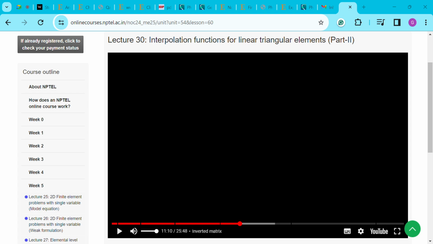So he's saying F1 is equal to F2 is equal to F3 is equal to fa by 3, f times area by 3. And if it is 4-noded, then fa by 4, equally sharing.